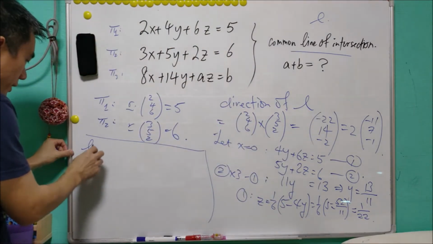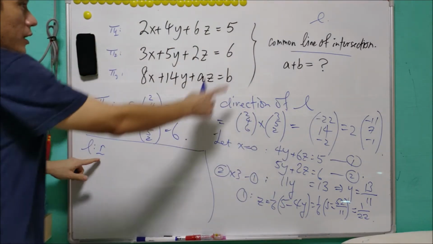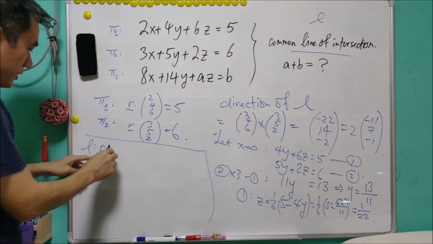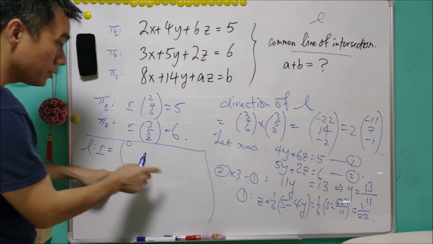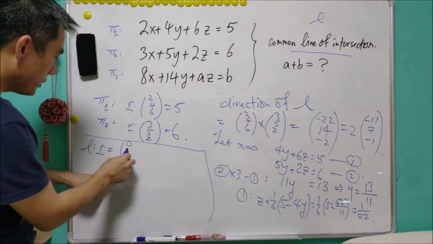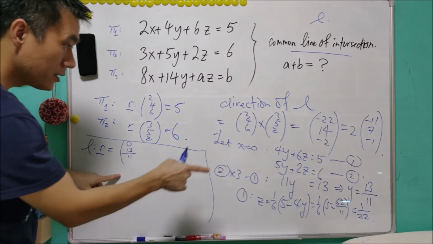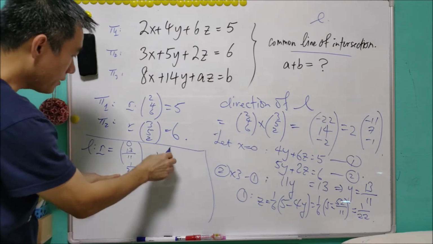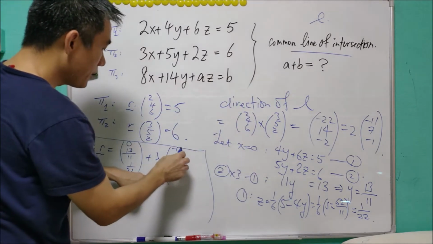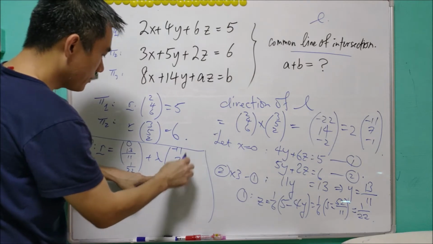And therefore, we can conclude that the intersection line will have this equation. The point that it passes through will be x equals 0, y equals 13 over 11, and z equals 1 over 22, plus lambda of the direction (negative 11, 7, negative 1).